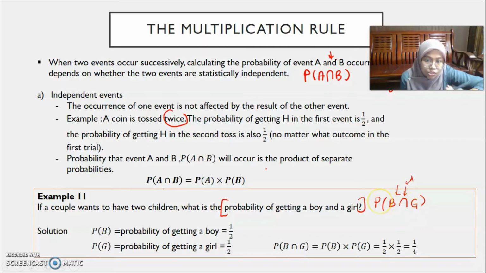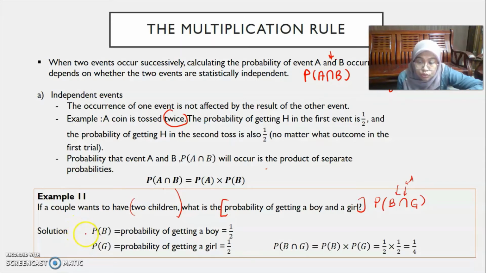To use the multiplication rule, you need to identify whether the events are independent or not. For this experiment, the couple wants to have 2 children. Let's think in a logical way. Let's say for the first child, the couple got a boy.